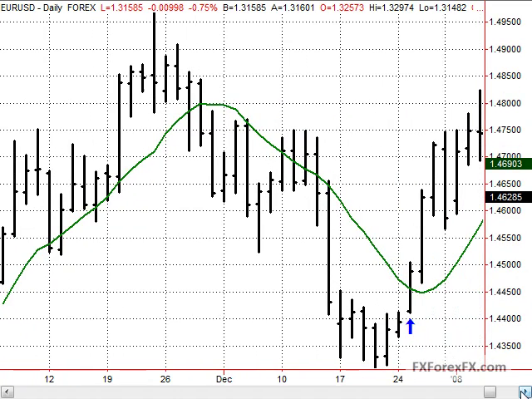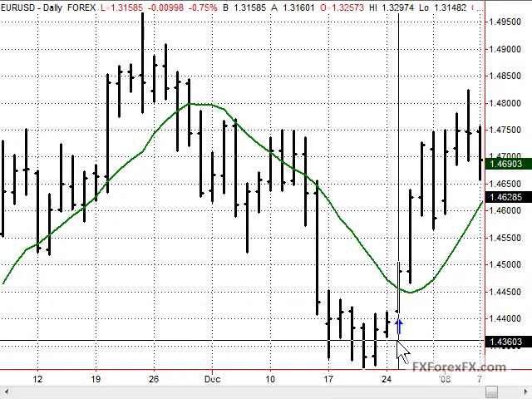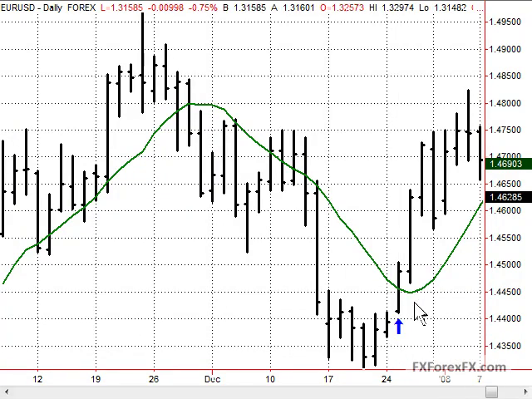So let's say, for instance, here we go. I put this arrow up here for our convenience. Say that we have this close here, and it closes above the moving average. And we may say that, okay, that's confirmation. We've had a daily close above the moving average, and we may buy on the next day's open or close depending upon what our system does. And so at this particular point, we'd be long on this bar.